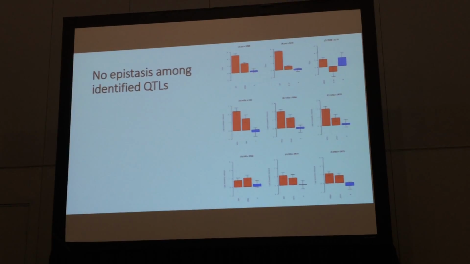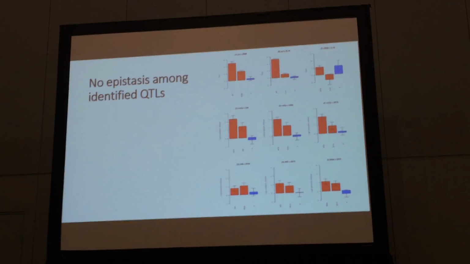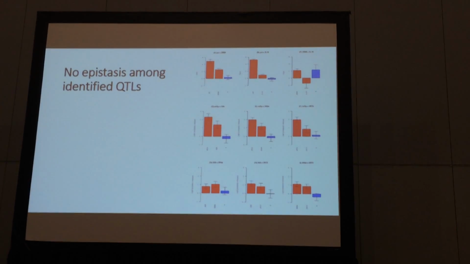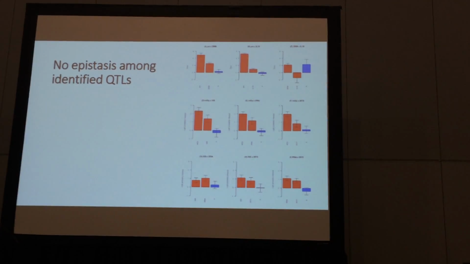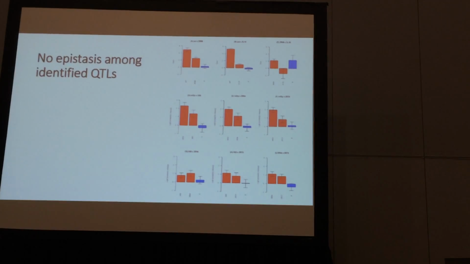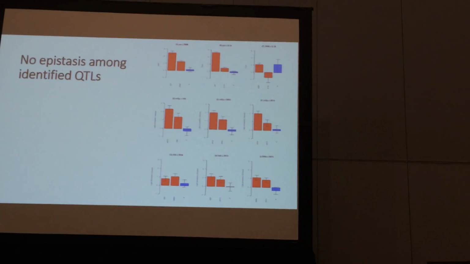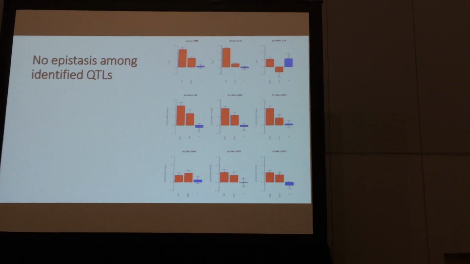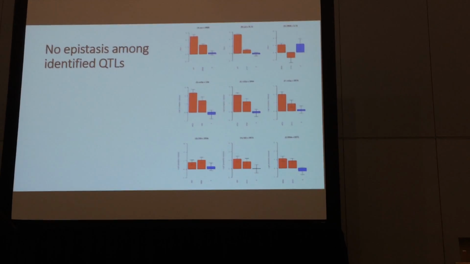So we took 2 approaches to look for epistasis among the different loci we identified. The first one was to look for pairwise epistasis between all the loci that we identified in the first part, so the 3 QTLs associated with DCV resistance and the 5 QTLs associated with sigma virus resistance.